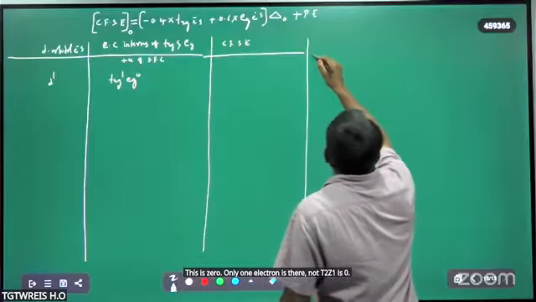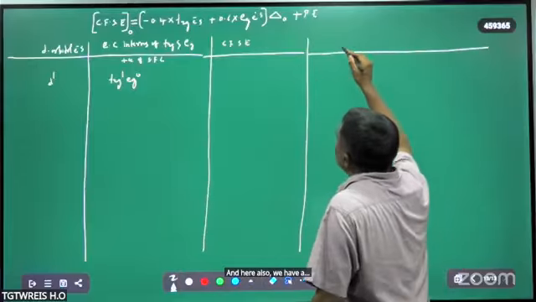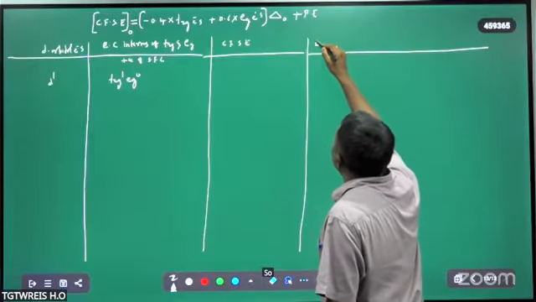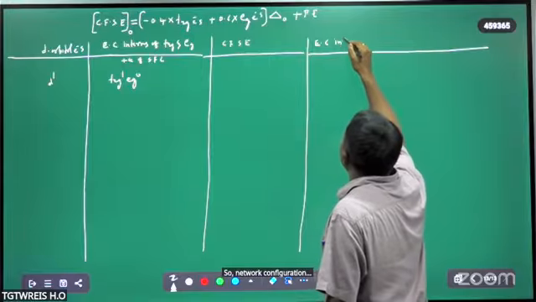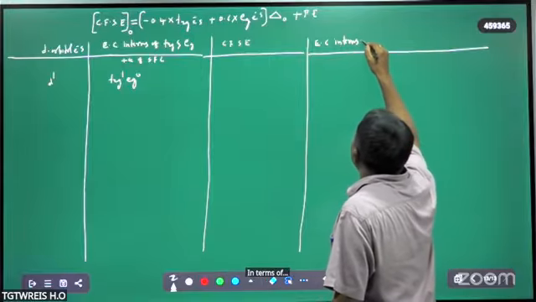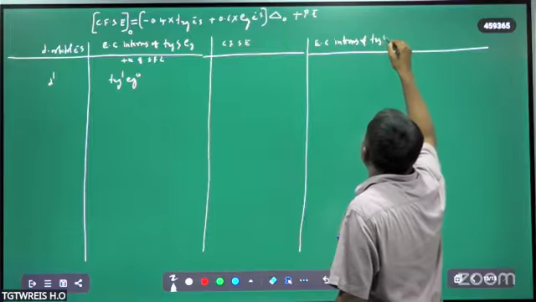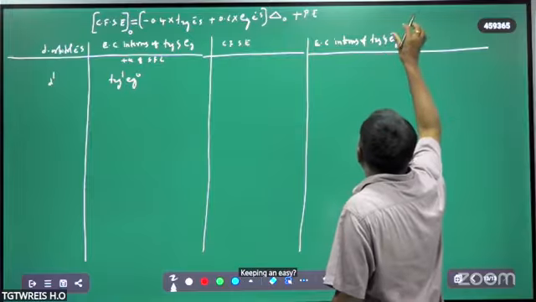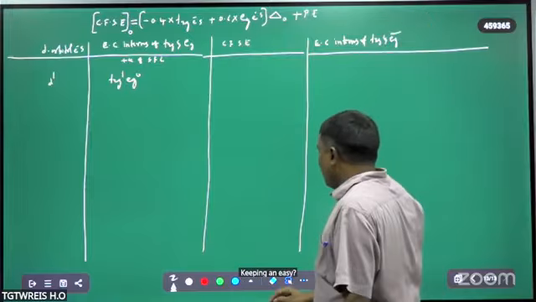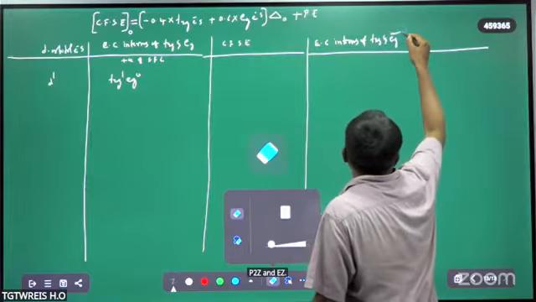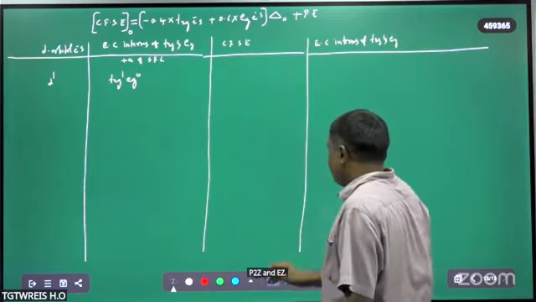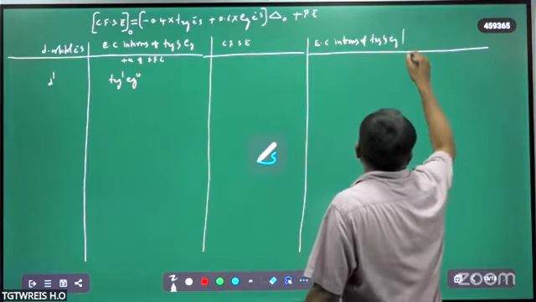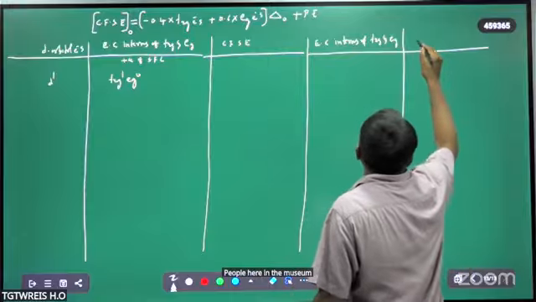And here also we have the electron configuration in terms of t2g and eg, and then the CFSE.